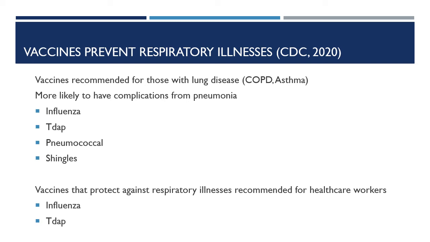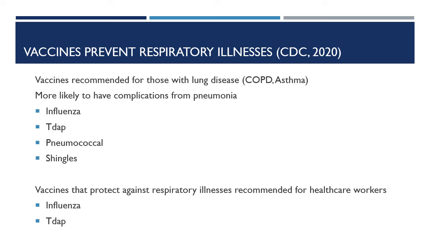Okay, shingles is typically a condition of the skin where you develop a blistering rash, but you can rarely get the virus damaging the lungs and leading to a pneumonia. Okay, but in general, I would think of shingles as a blistering skin rash, right?